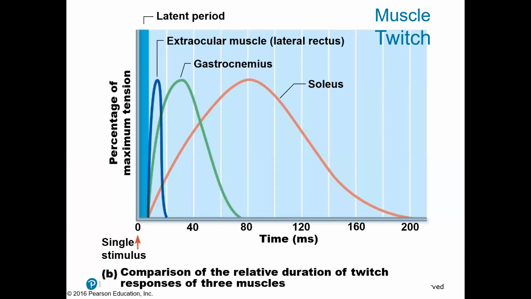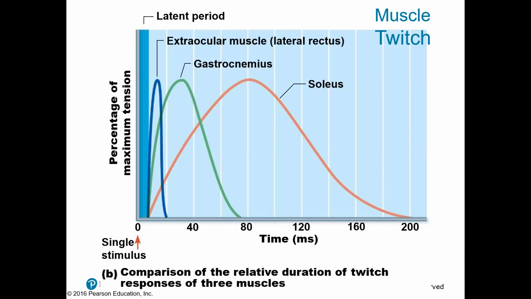So it can get ready to do it again because it wants to be able to contract and move the eyeball around. The gastrocnemius also has the same latent period. It has a short excitation phase, a very brief contraction phase, and even its relaxation phase is not very long. It's done by 80 milliseconds.